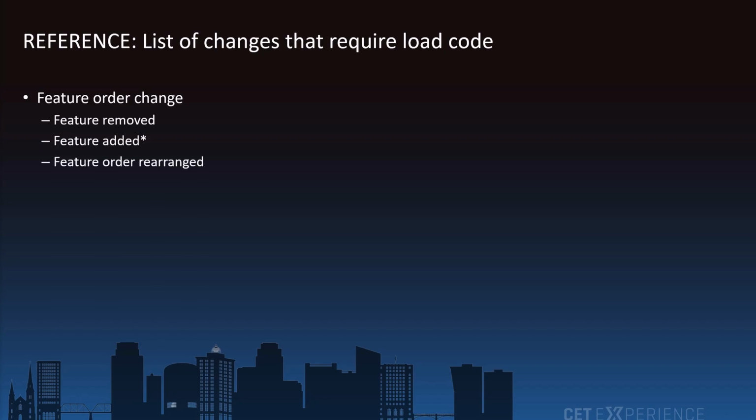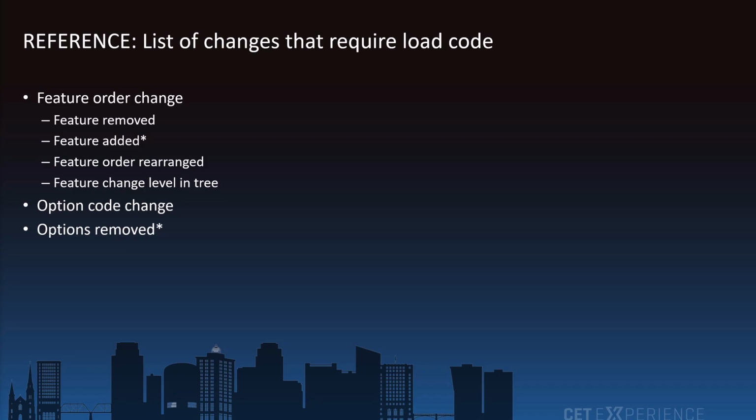If your feature order is rearranged, that means the order of the features has changed. Or if your feature has changed a level in the tree, maybe this sub-level feature is now a top-level feature, or vice versa. Another thing that requires load code is having your option codes change, or your option codes removed.